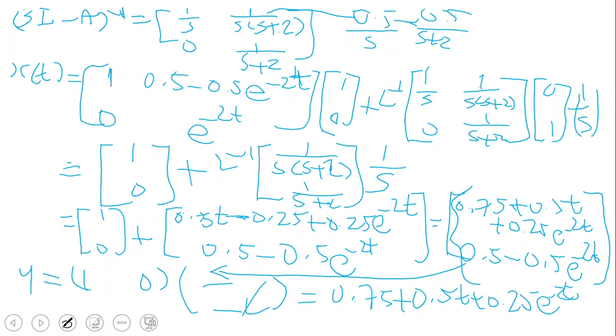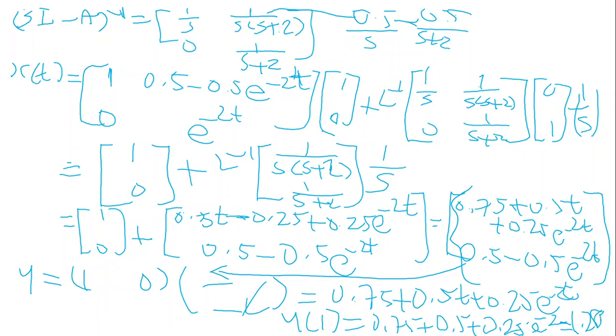Now the question is, what is y of t at t equal to 1? So substitute t is equal to 1. It is 0.75 plus 0.5 plus 0.25 into e to the power minus 2. And if you simplify this, you get the answer as 1.2838.